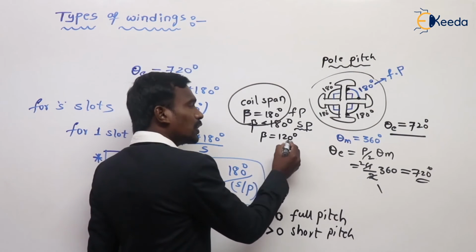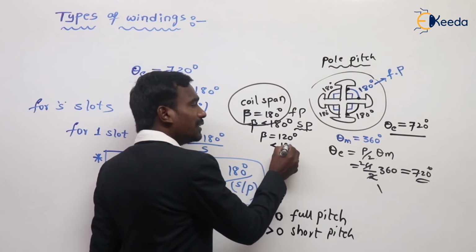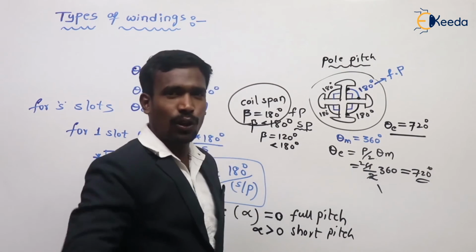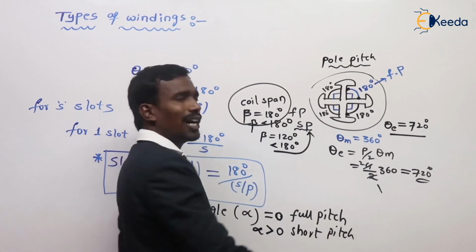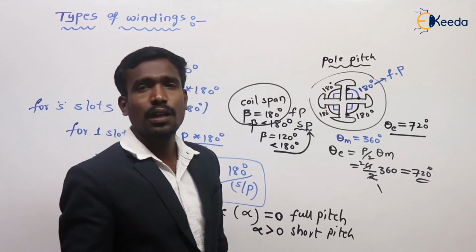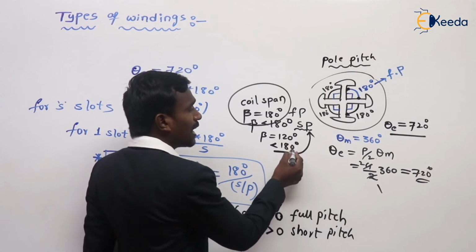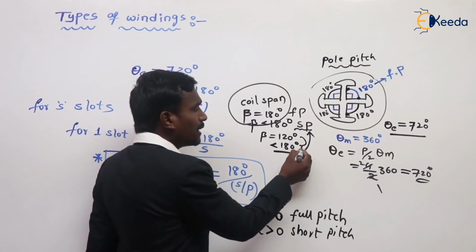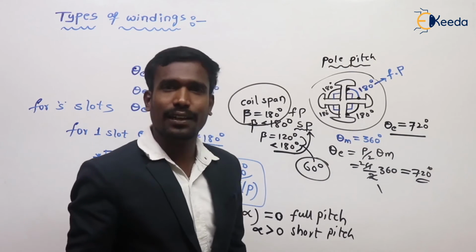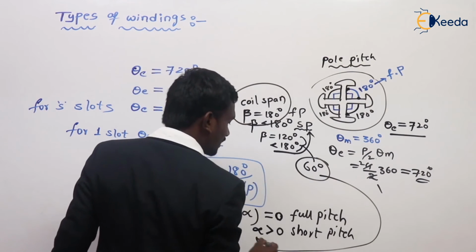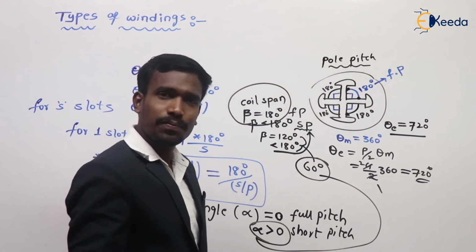If beta is 120 degrees, it is less than 180, yes or no? Then this is a short pitch winding. How much short pitch here? 60 degrees short pitch here. That 60 degrees is our alpha.